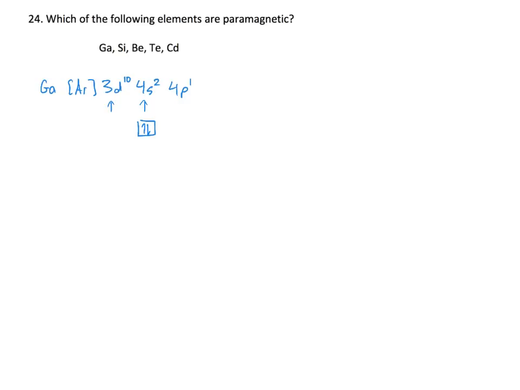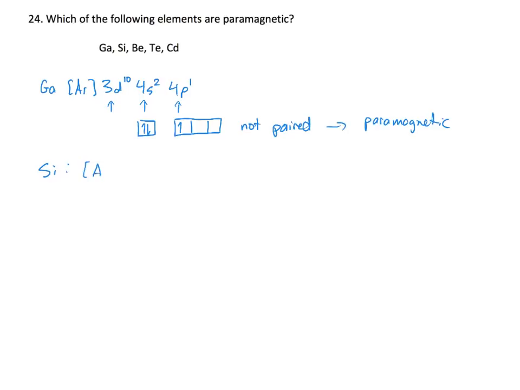The 4p, however, the outermost electrons, has just a single electron in there. That electron has no pair. If there's any electrons that are not paired, this becomes paramagnetic. So gallium is definitely paramagnetic. We can move to the next one, which is silicon.